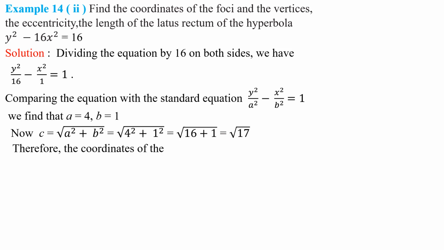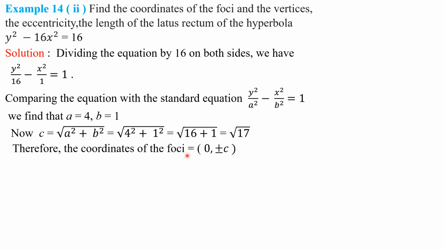Therefore, the coordinates of the foci is equal to ordered pair 0, comma plus or minus c. Okay, my children. Here these are the coordinates of the foci, because here the positive term is y square by 16. So the transverse axis of this hyperbola is along the y axis.